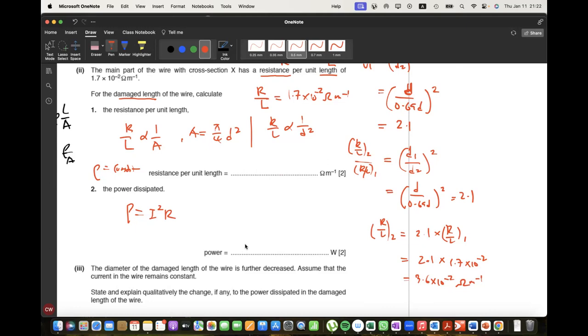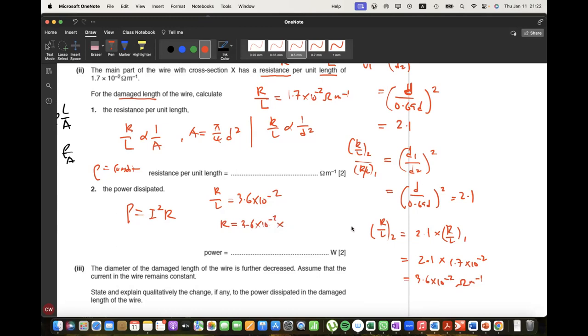I square R. What is the point of having this? If R over L equal to this, can we find the R or not?